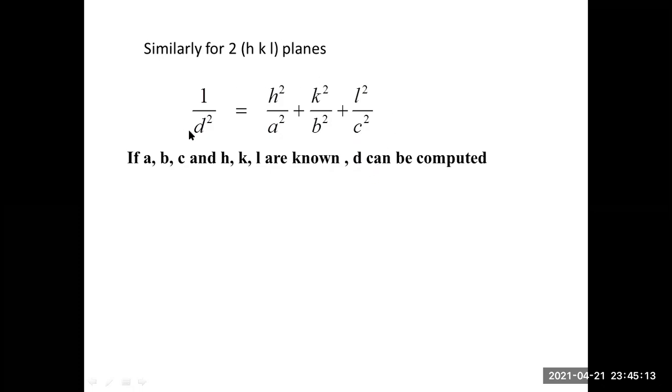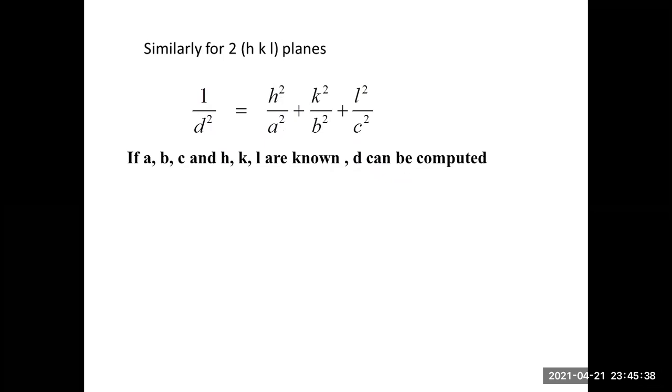Now this is the general expression actually. Again, we have to go for the reciprocal. If you want to calculate this d, this term will go up and this will go down, and you will get a square root of it. So we will get the value of d, which is 1 by root of h square by a square plus k square by b square plus l square by c square.